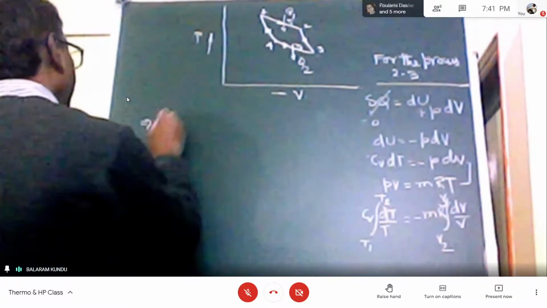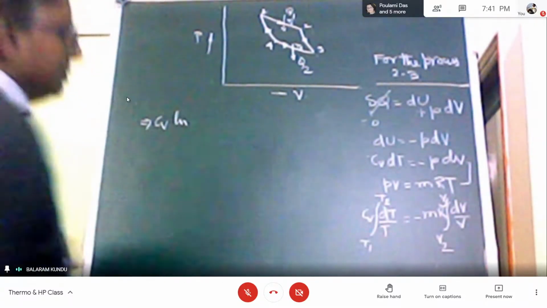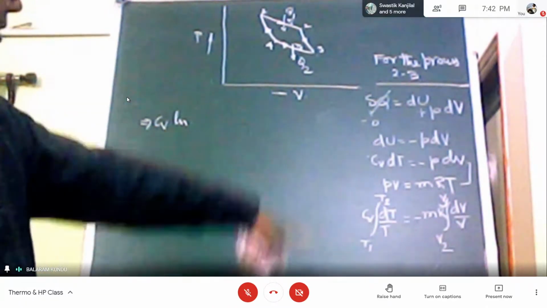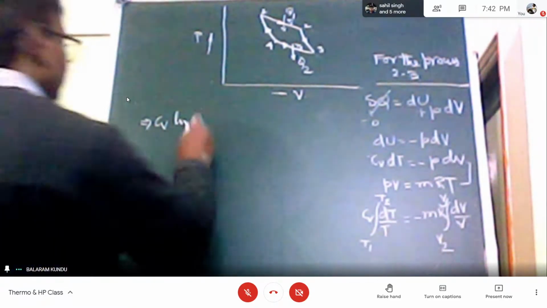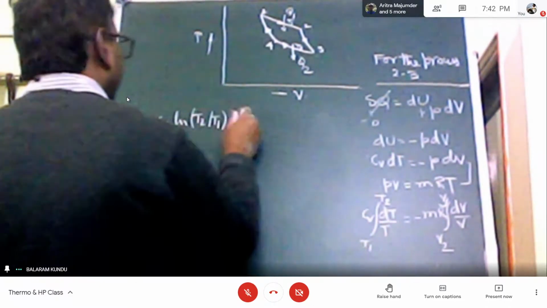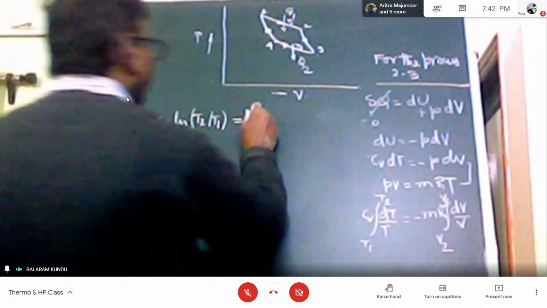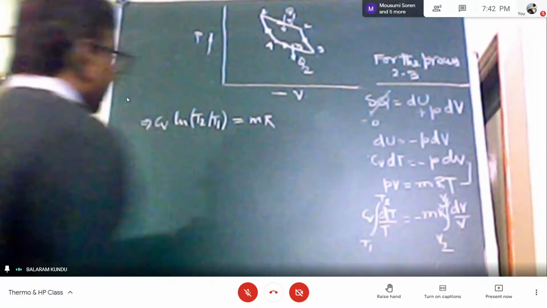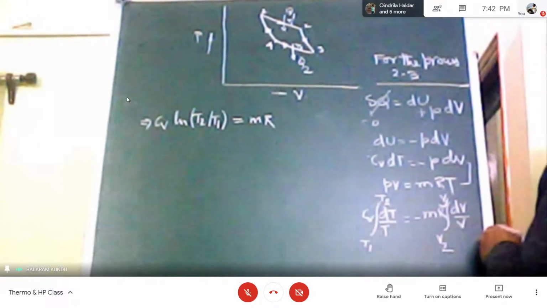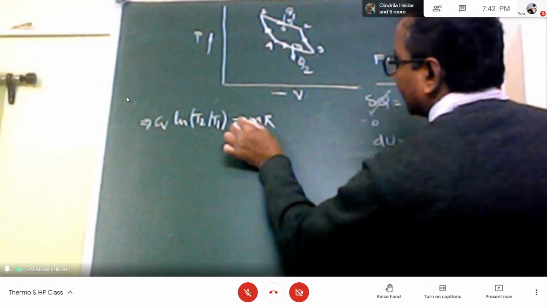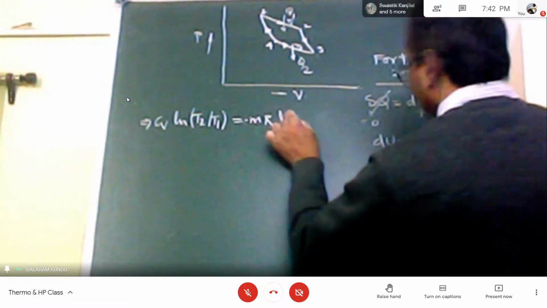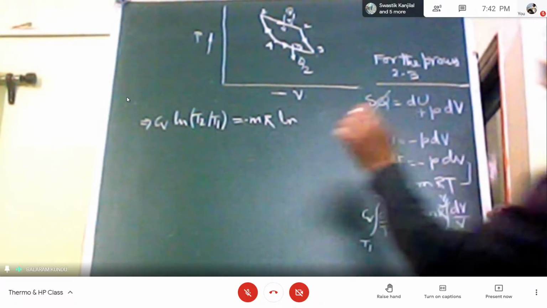So if we integrate, we can write Cv into ln T2 by T1 equal to negative nR ln V3 by V2.